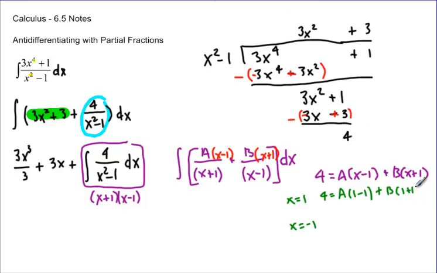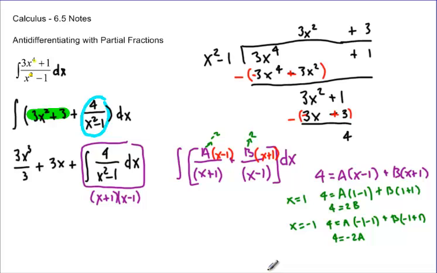So 4 is equal to 2b, so my b is going to be 2. The second part then, 4 equals a times negative 1 minus 1 plus b times negative 1 plus 1. And so, can you see where this is headed? 4 is equal to negative 2a, so my a value is negative 2.